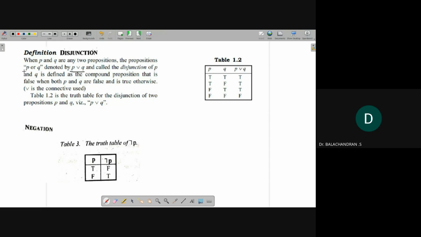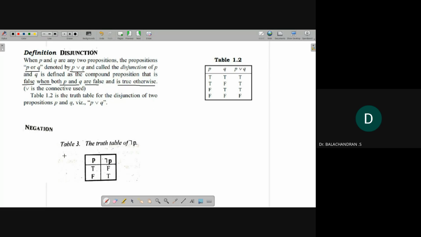You can read it as P or Q, and it is called the disjunction of P and Q. It is defined as the compound proposition that is false when both P and Q are false, and it is true otherwise. This is the truth table for disjunction.